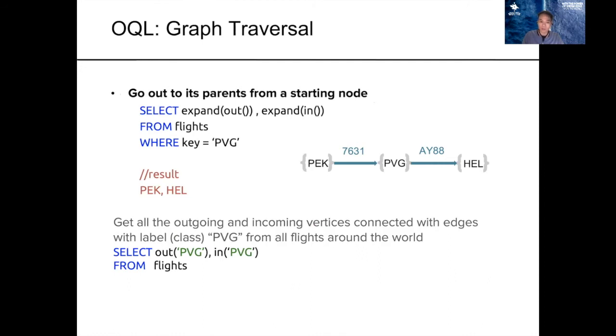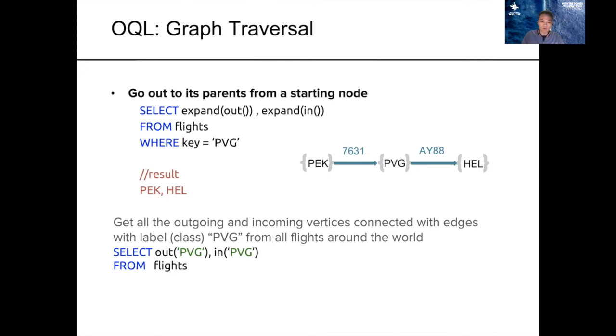So you just expand an out function or an in function from the flights connection, where the key equals some airport. Here the key is the Pudong International Airport. So the result would be Peking International Airport and Helsinki Airport.